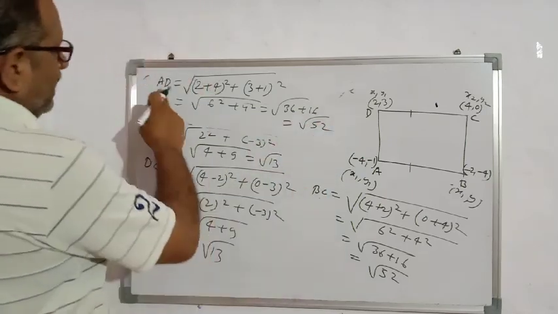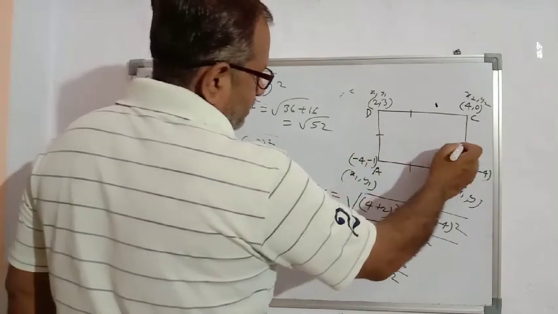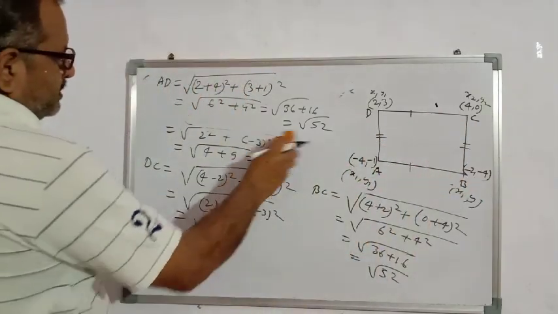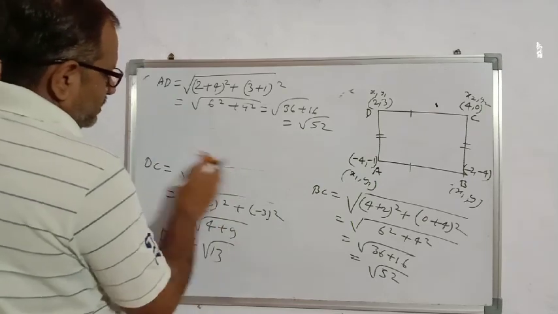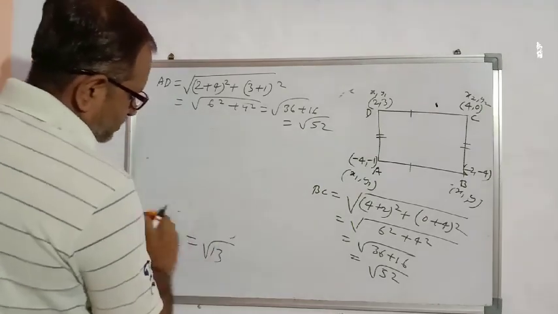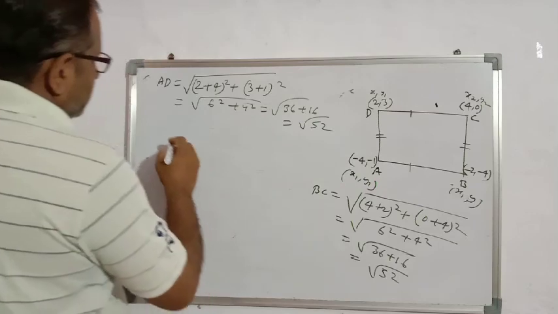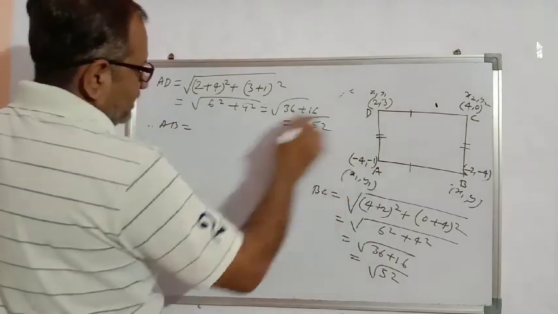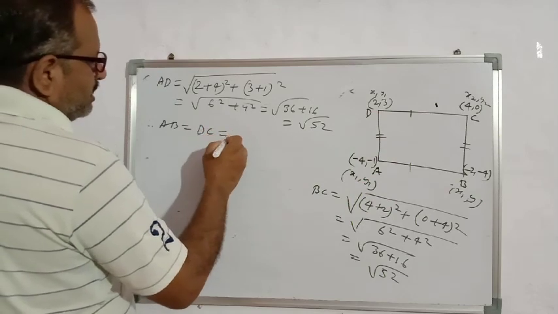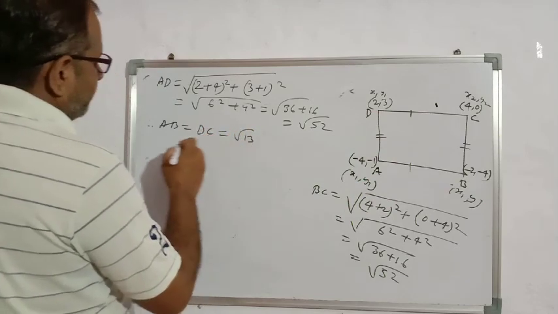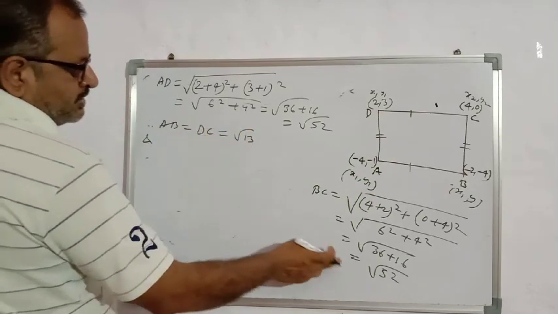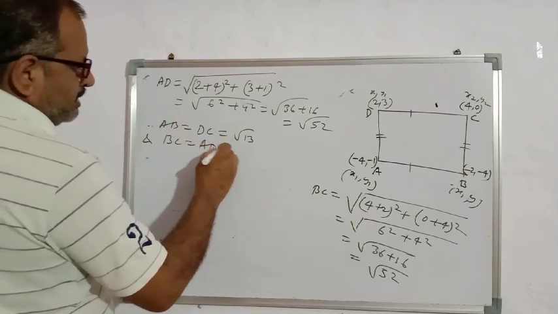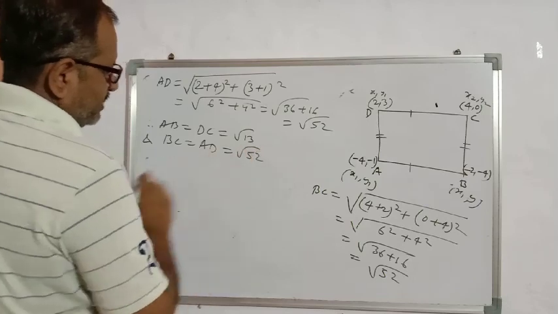So BC and AD both are equal. So therefore AB is equal to DC, both are equal to root 13, and BC is equal to AD, it is root 52.